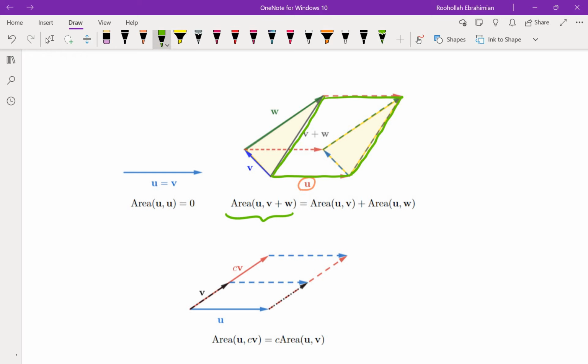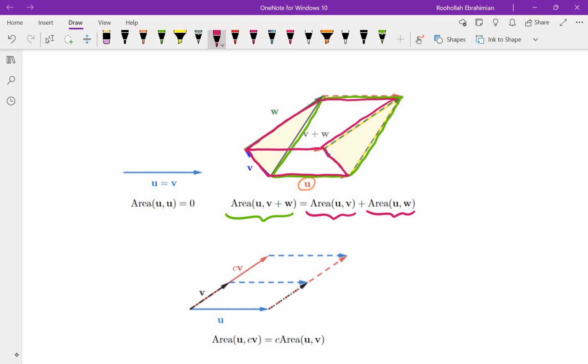Now you could break it down into two different regions. One is this one, which is volume of u, v, and one is this one. So if you look at this, we have essentially taken two parallelograms and put them together. Now the sum of these two parallelograms, uv and uw, is the same as the area of parallelogram based on u and v plus w.